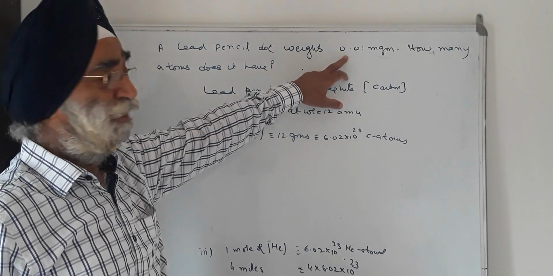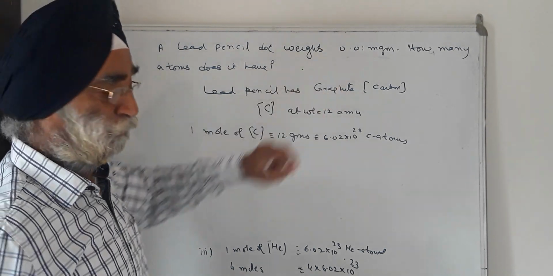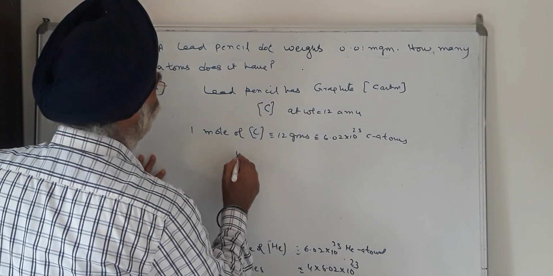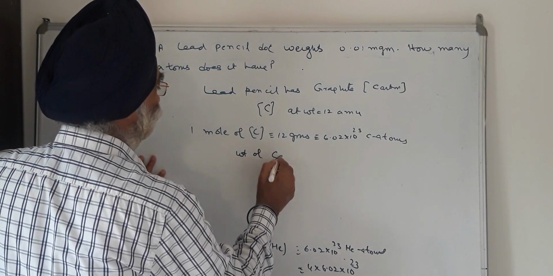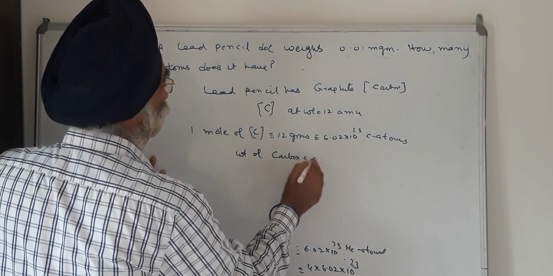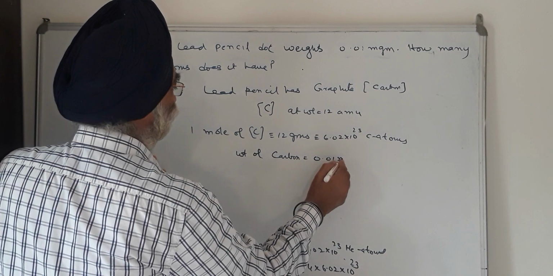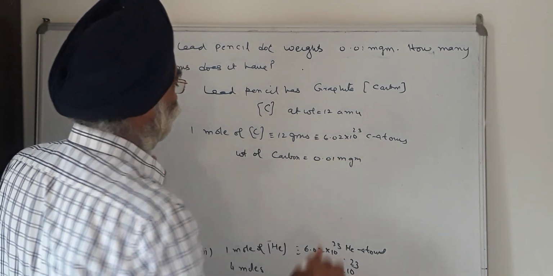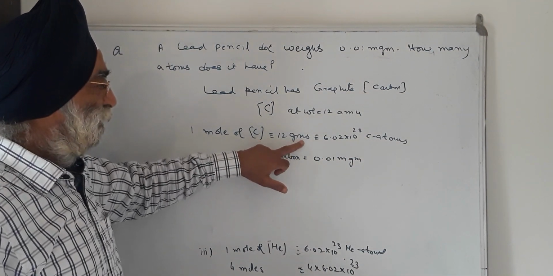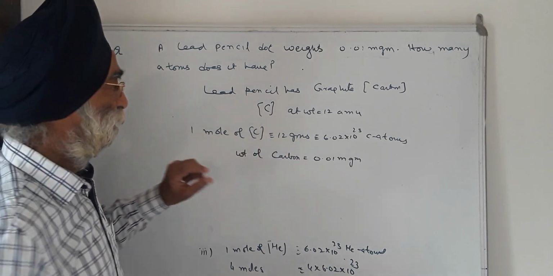Let us convert this weight into moles. Weight of carbon, it is 0.01 milligram, but must be converted into grams.